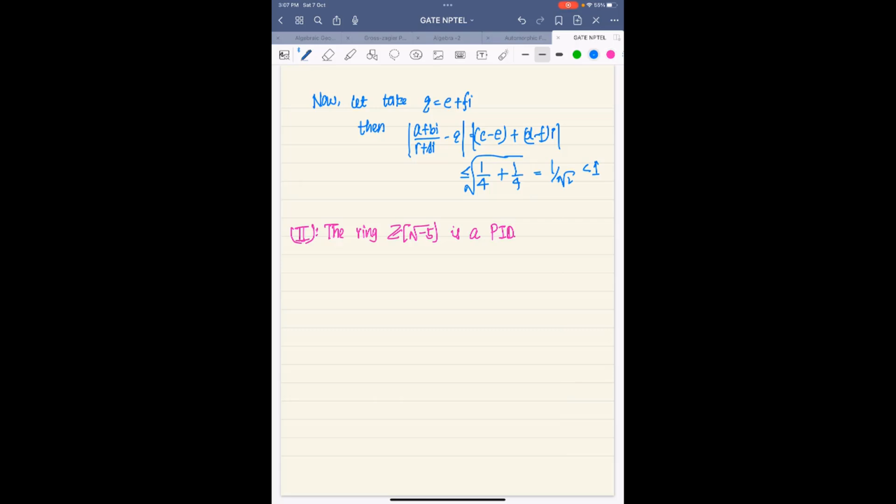Note that 6 can be written as 1 plus square root of minus 5 times 1 minus square root of minus 5. This can also be written as 2 times 3.